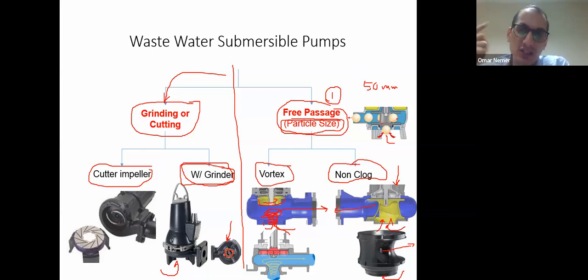So once the pump rotates, it rotates very fast, and any solid particles will be grinded by this knife or edges. Behind these edges there are screening holes, which will not allow the big parts to go inside. It will allow only these grinded particles to go in. So the water with the grinded particles then will be pumped. So this is a submersible pump equipped with an external grinder.